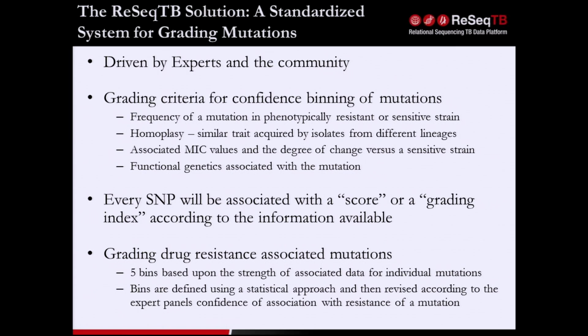Second, homoplasy, and then we are going to use MIC values and functional genetics as additional information to better understand the mutations that are in the gray zone, let's say. So according to this approach, every single mutation is going to be associated with a score or a grading index. And this grading index is calculated by a statistical mean, and we have now 5 main categories.